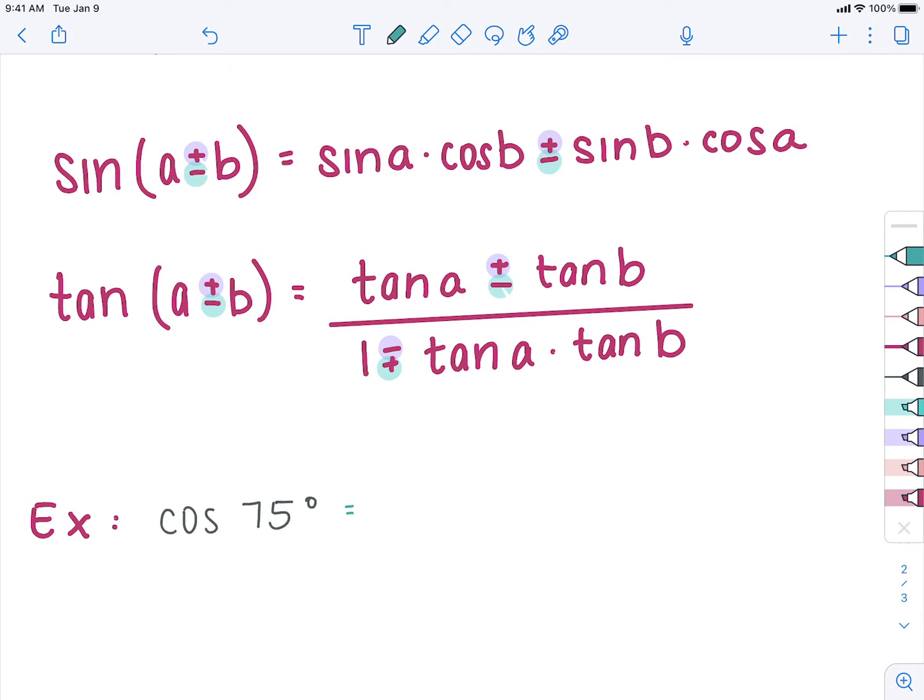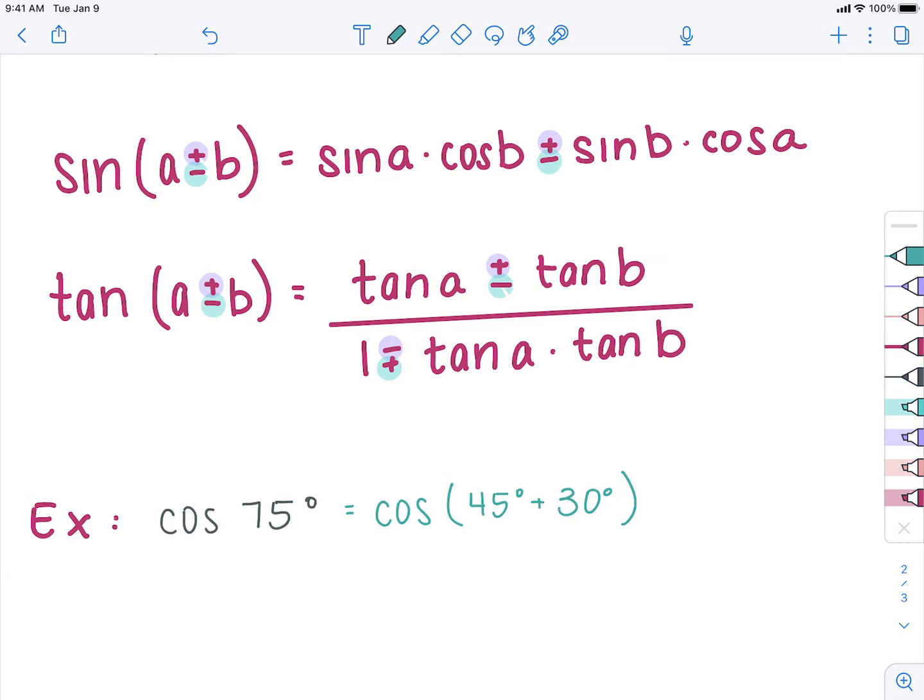So I can rewrite this. Instead of saying cosine of 75 degrees, I'm going to say cosine of 45 degrees plus 30 degrees, because I haven't changed anything, because 45 plus 30 is still 75. But I've intentionally broken 75 up into two numbers that are on my unit circle.